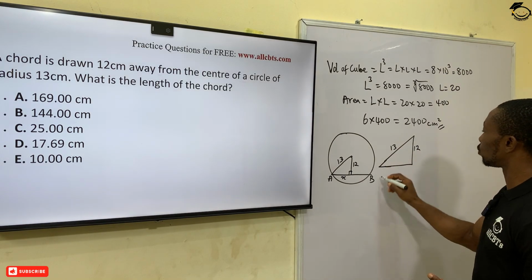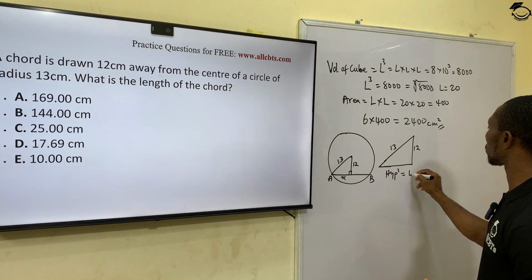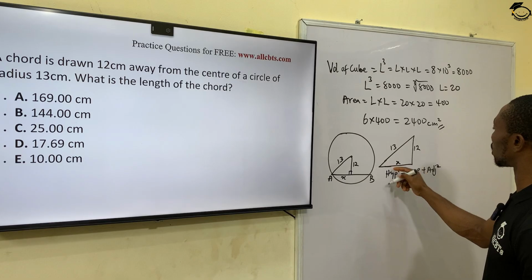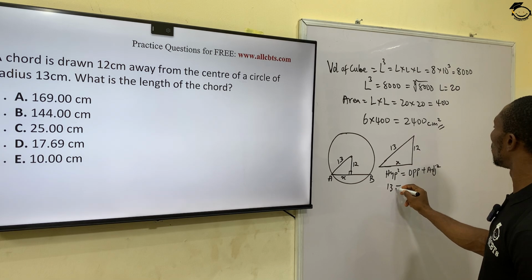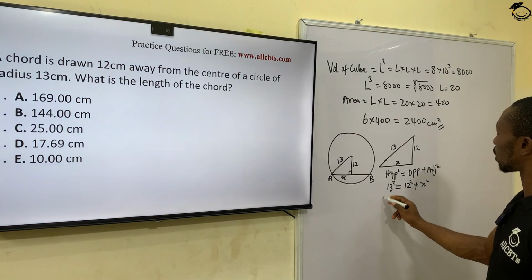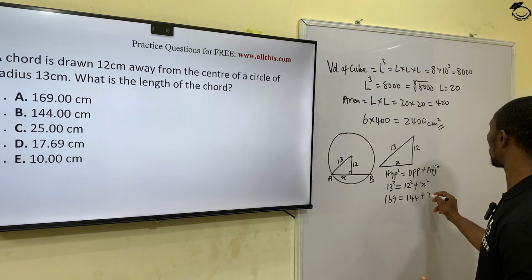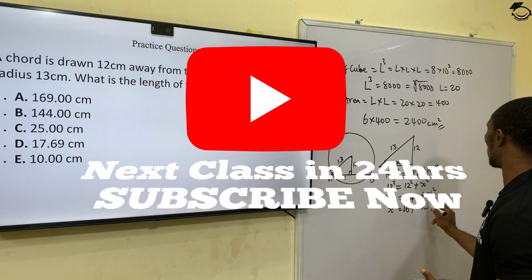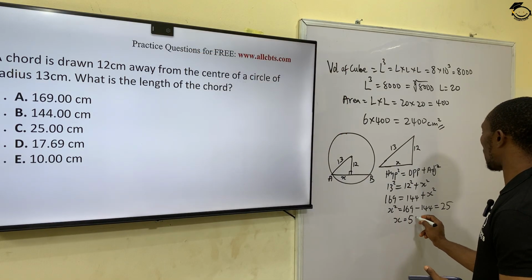Applying our Pythagoras theorem, hypotenuse squared equals opposite squared plus adjacent squared, where our adjacent is x, the hypotenuse is 13 and our opposite is 12. So 13 squared, which is 169, equals 144 plus x squared. So x squared will be 169 minus 144, which gives us 25. So our x will be 5 centimeters.